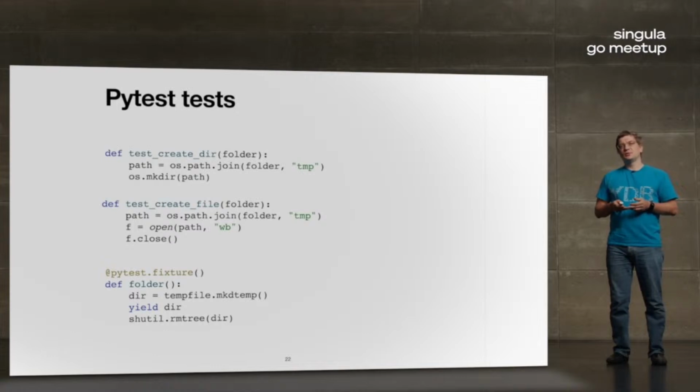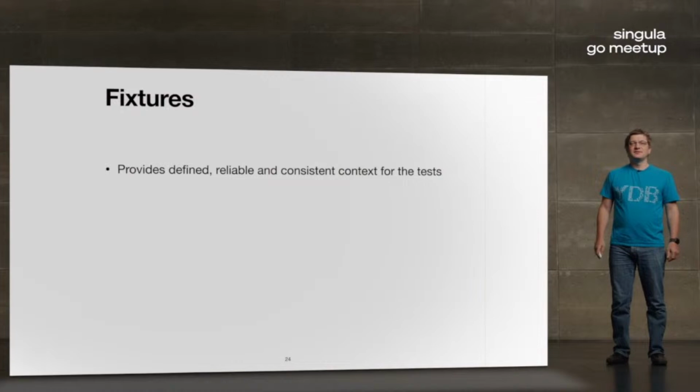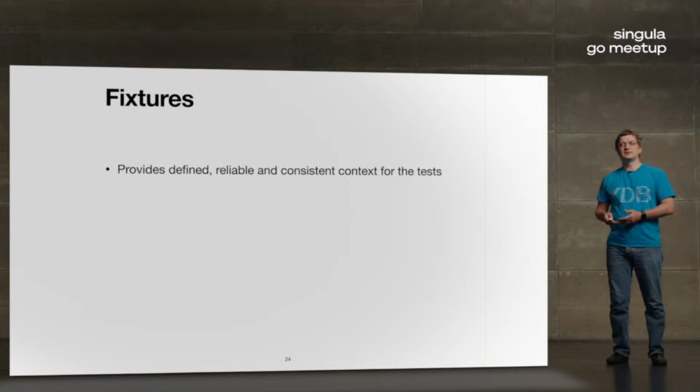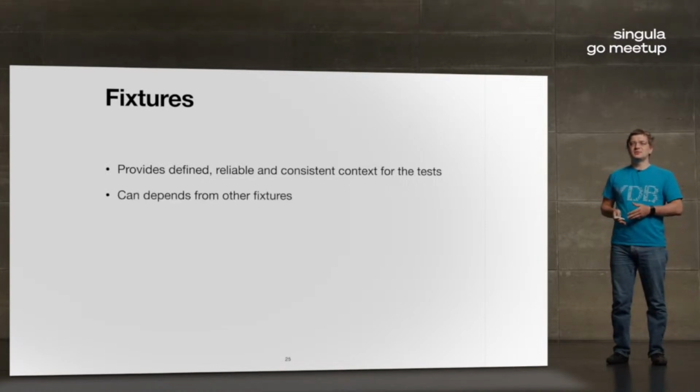The folder fixture will create a directory, allow the test to execute, then remove the directory with all contents. So fixtures provide a defined, reliable, and consistent context for tests. One fixture can depend on another fixture. I will show it later.